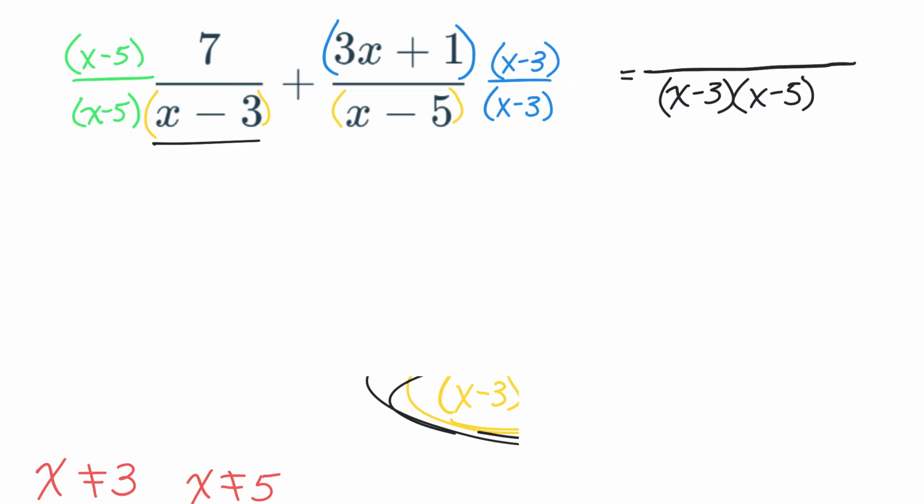I'm going to go ahead and put my plus sign down to split these two up. I'm going to erase this. Don't need this anymore because I already got my common denominator. So in green, 7 times x is 7x. 7 times negative 5 is negative 35.